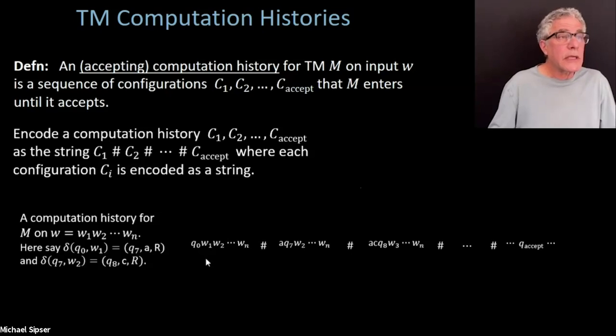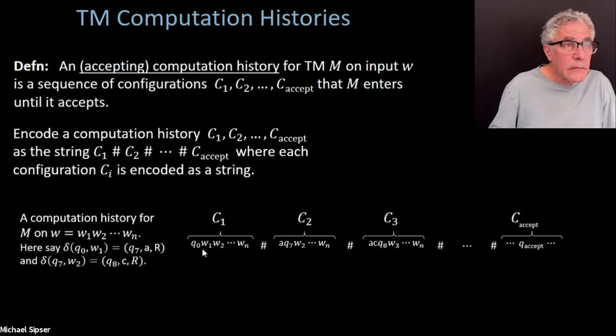Okay, so here's a computation history for M on w, where w is the string w1 w2 ... wn. So here is the first configuration. This part here is the computation history encoded as a string.